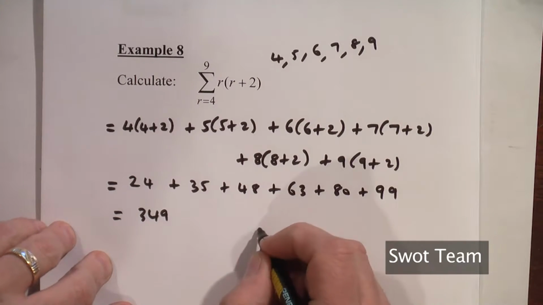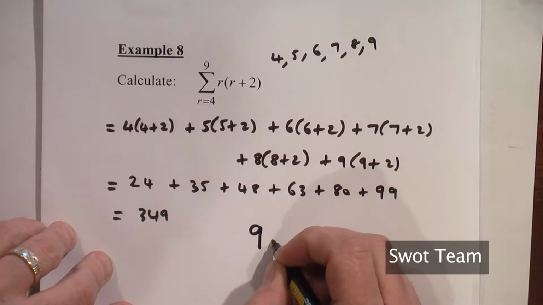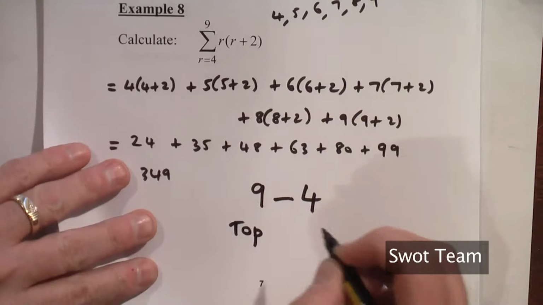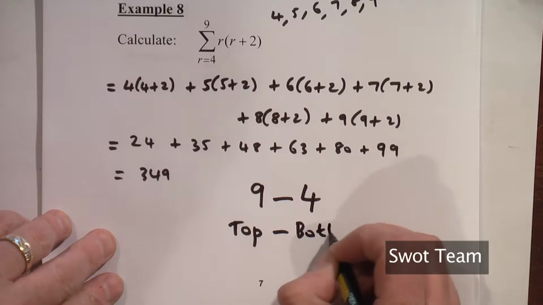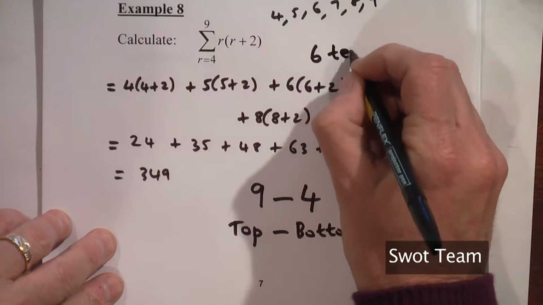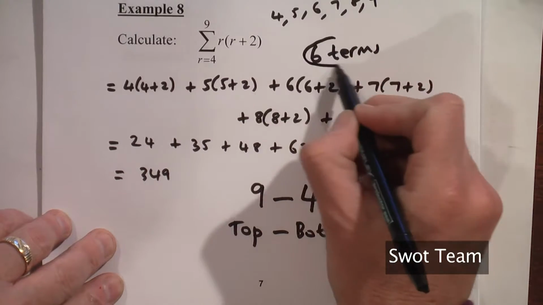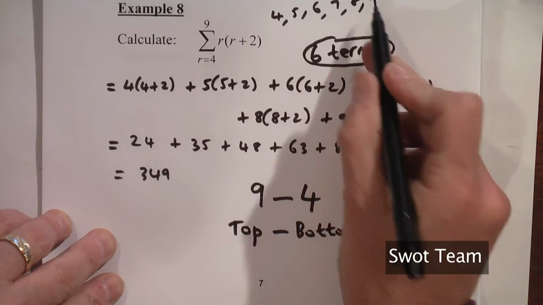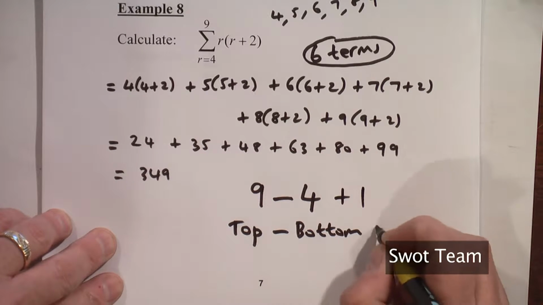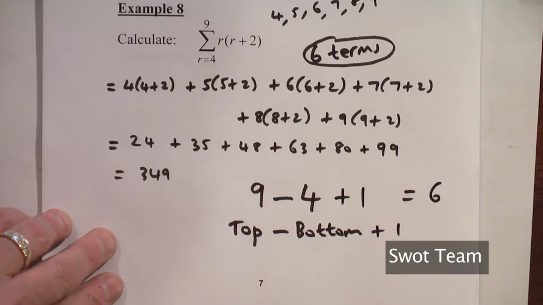If you take the top number, 9, and subtract 4, the top minus the bottom, you land up with 5, but we want 6 terms. Check: 1, 2, 3, 4, 5, 6. So 9 minus 4 is 5, and if I now add 1, I get 6.